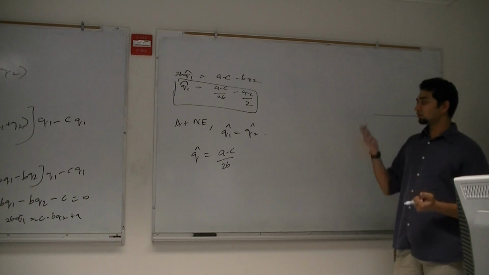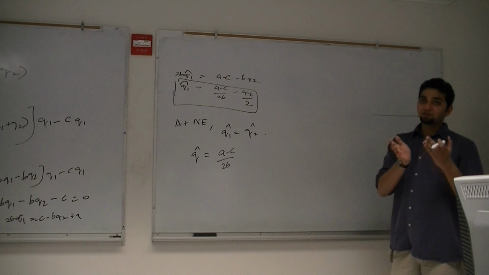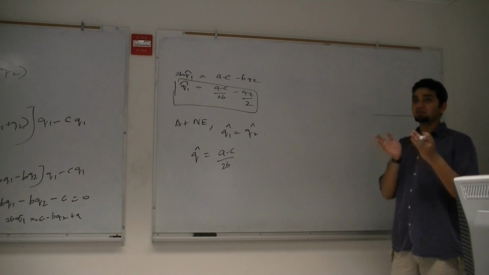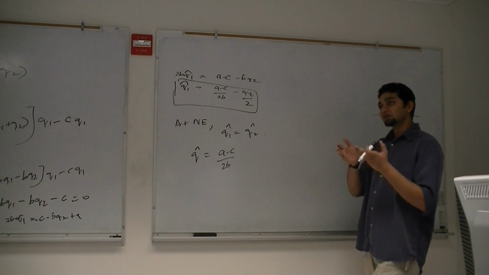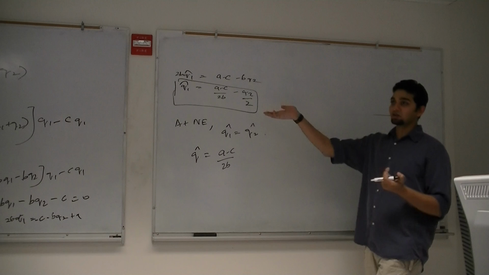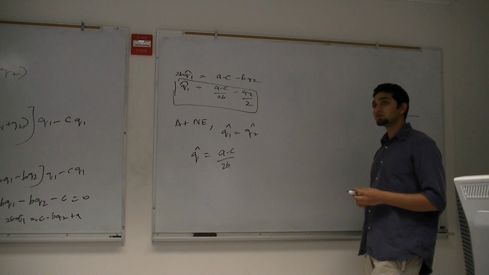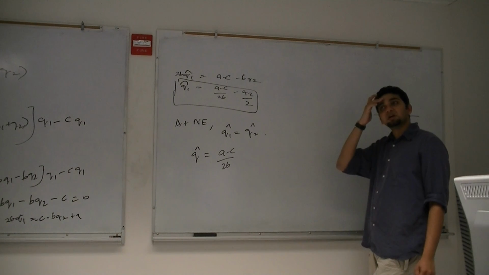We can say that if you were to move away from the equilibrium, it's basically the best response argument again, like we saw in the prisoner's dilemma. You can say it's because of symmetry, but it's not because of Nash equilibrium.